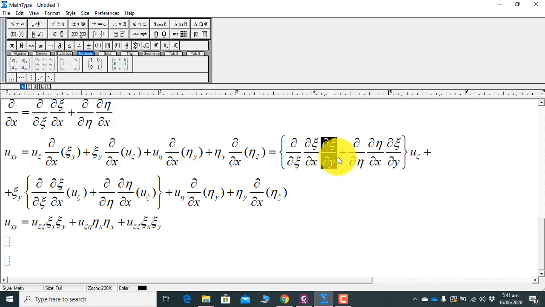So the total answer will be partial xi xy. Yes, I'm sorry, initially this was cancelled. This is cancelled by this quantity, so the answer will be partial square xi over partial x partial y.